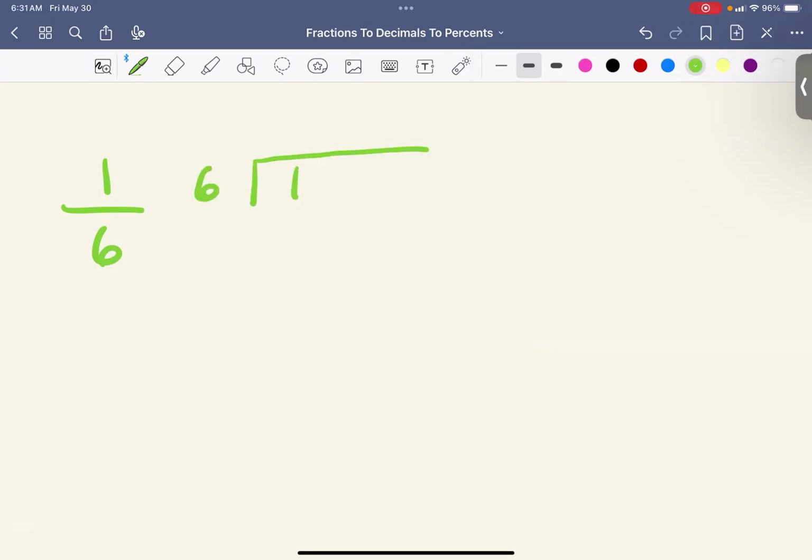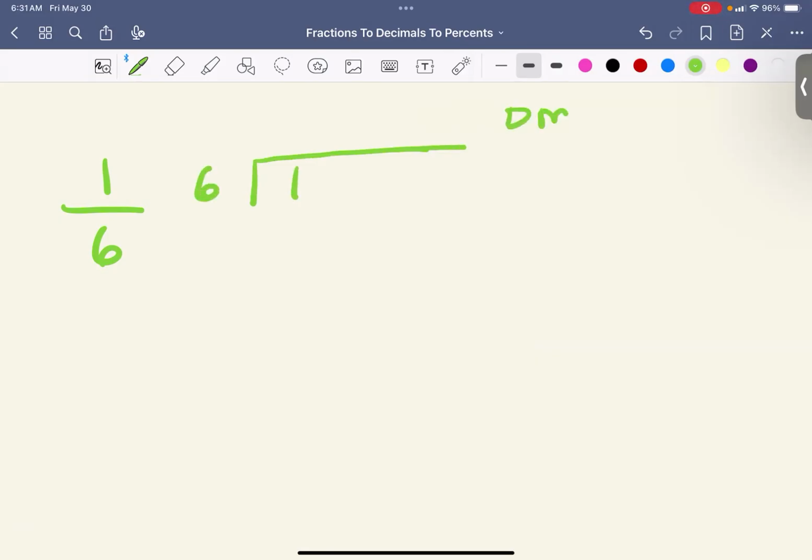Sometimes you'll get a fraction that when you turn it into a decimal, it repeats. And we call this a repeating decimal. So let's say we have 1/6. So I'm going to rewrite this as 1, and the 6 goes there.